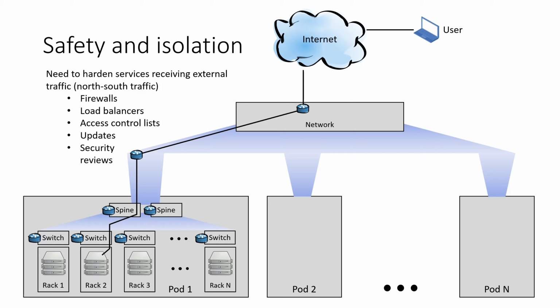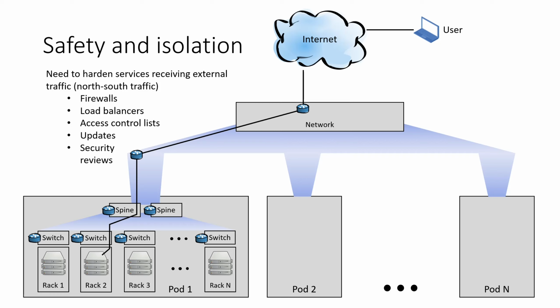And the other property we need is safety and isolation. Here in this example, we are seeing some north-south traffic between a user and a virtual machine on the cloud. Because this virtual machine on the cloud is accessible from external users, we need to harden services running on this virtual machine, because this service will be accessed by legitimate users, but it will also be exploited by malicious agents, and it will also be open to denial of service attacks on the internet.